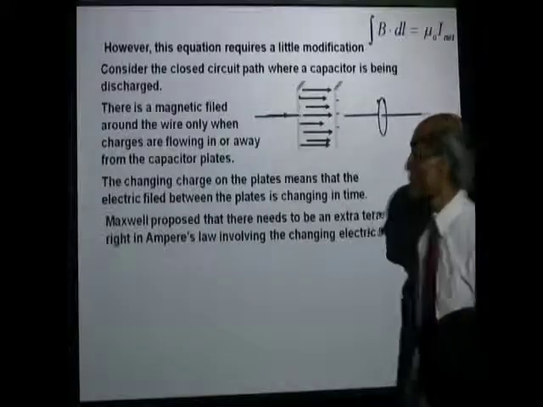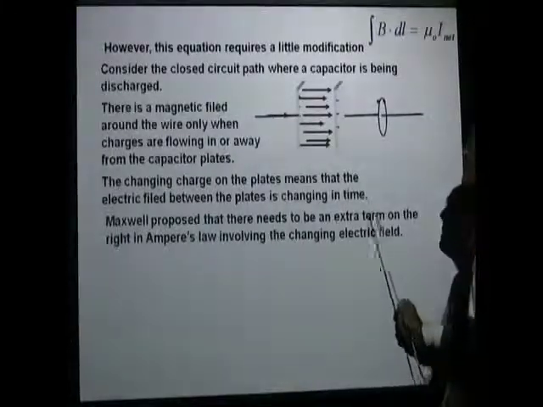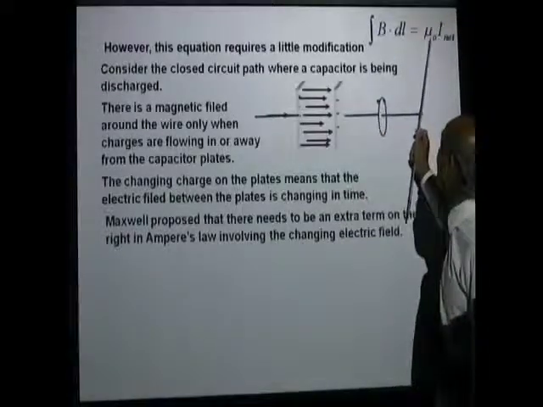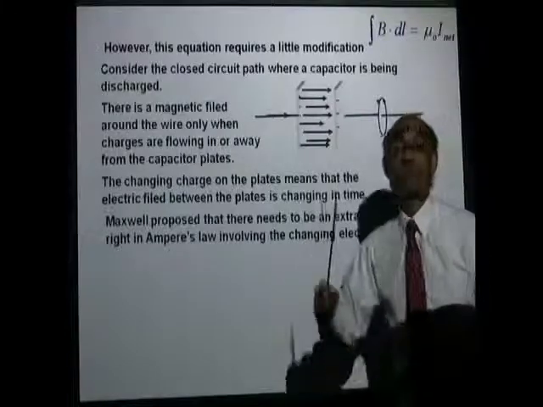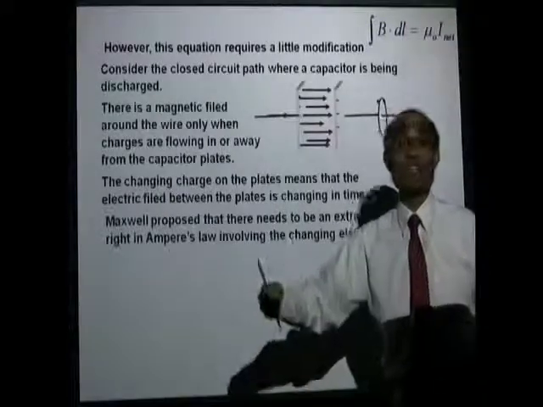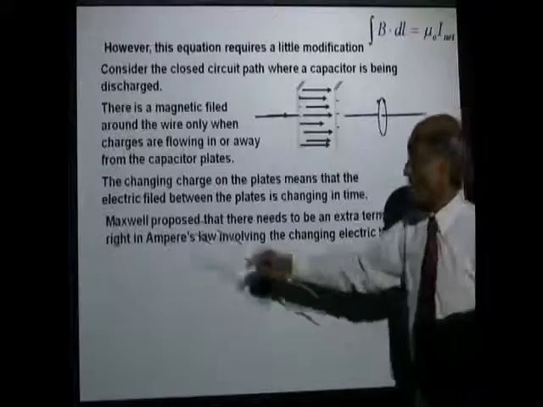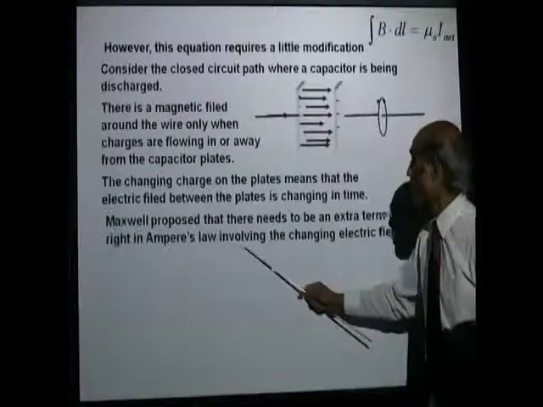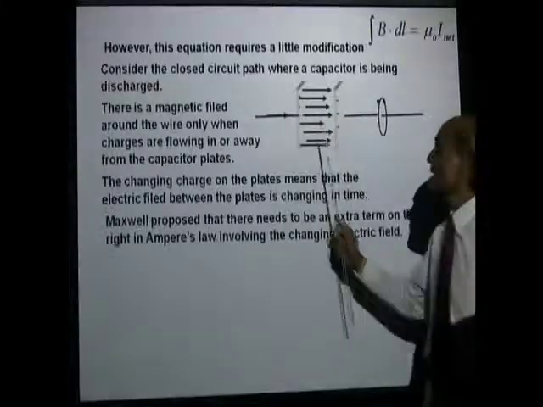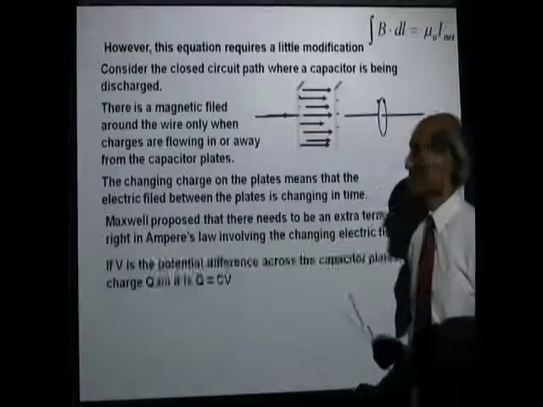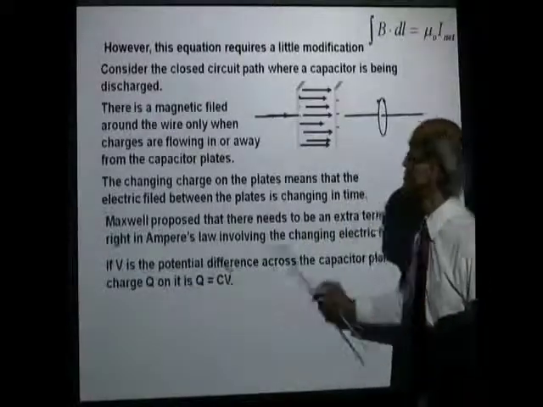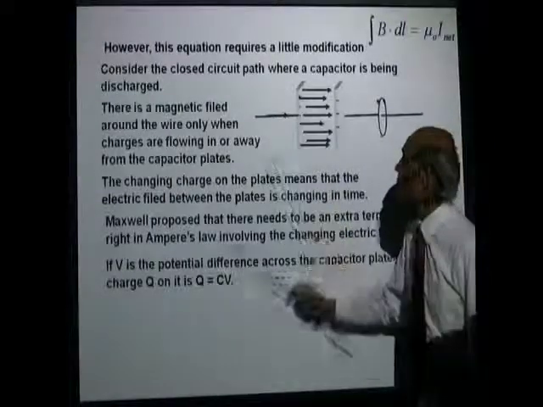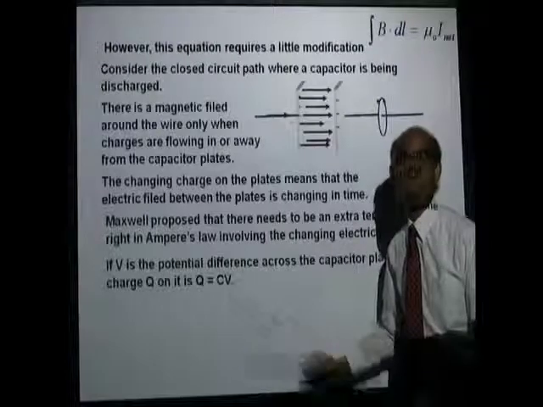Now Maxwell proposed that there needs to be an extra term on the right in Ampere's rule. The right side of Ampere's rule is mu 0 times I net, the net current within the loop. Maxwell suggested that there needs to be an extra term there involving the changing electric field in such a situation. If V is the potential difference across the capacitor plates, the charge Q can be written as Q equal to CV.